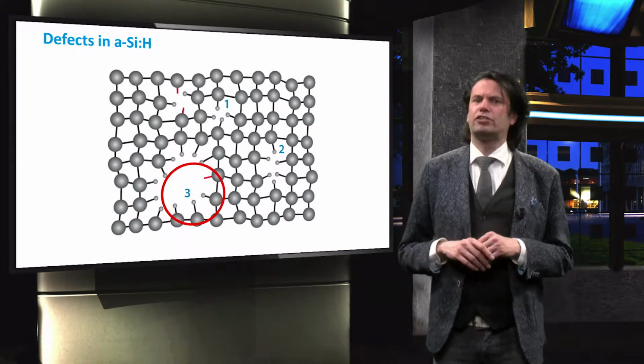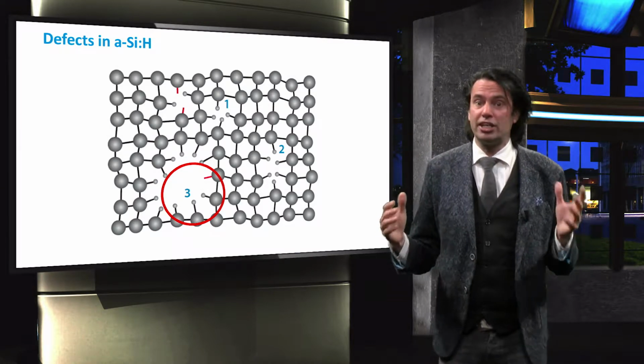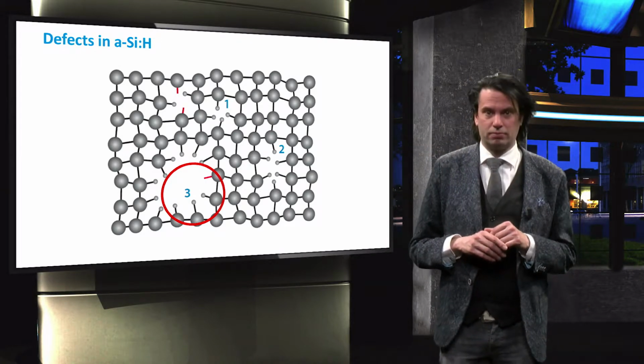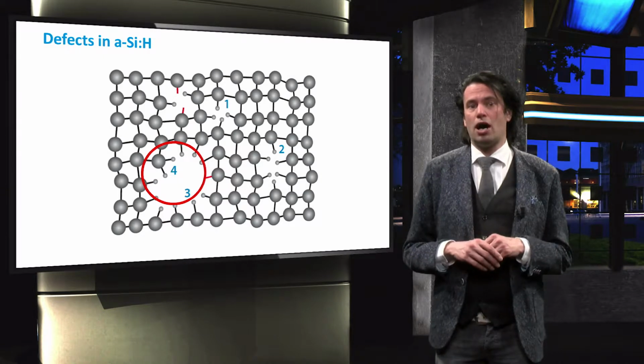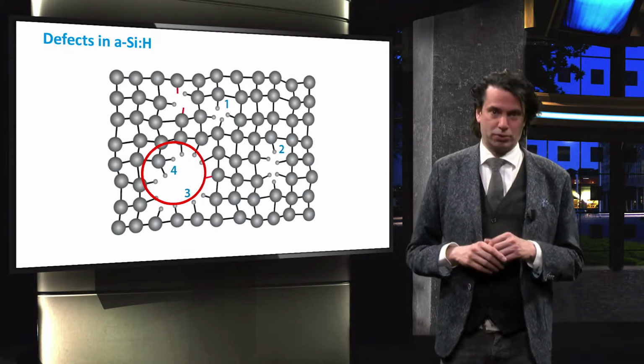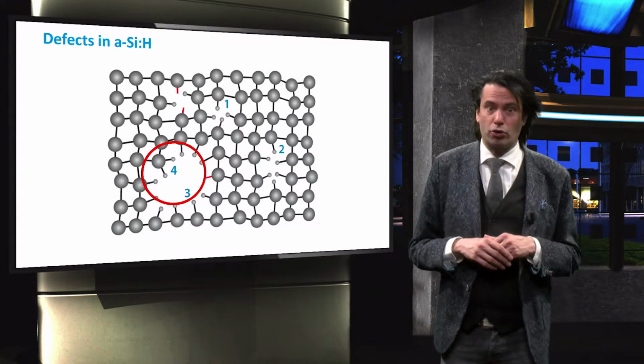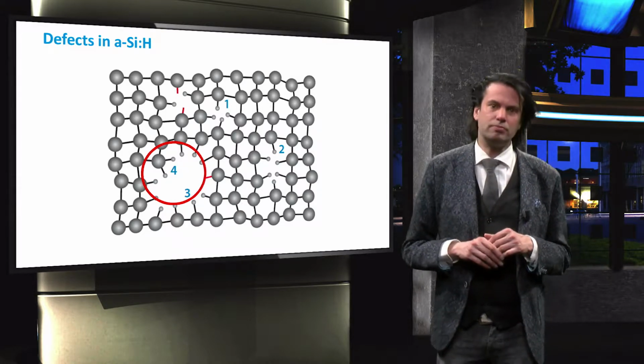In these nano-sized voids, it can even occur that a silicon atom at the surface has only 2 bonds with neighboring silicon atoms. The 2 dangling bonds are passivated by 2 hydrogen atoms. Such silicon atoms passivated by 2 hydrogen atoms are called dihydrides.